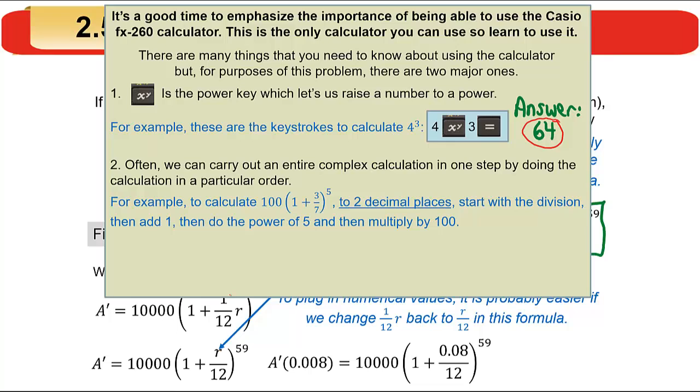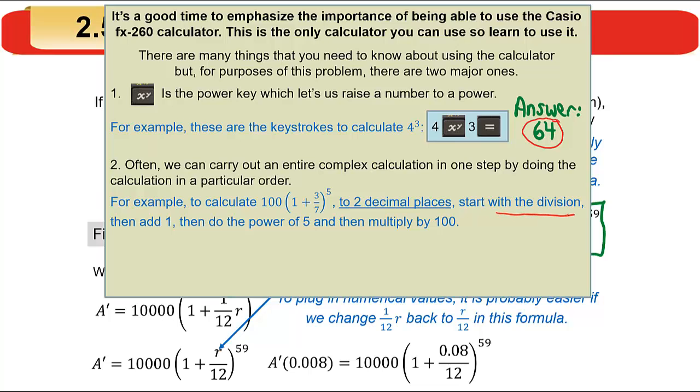For example, if I wanted you to calculate this quantity 100 times the quantity 1 plus 3/7 all raised to the 5th and round it off to 2 decimal places in the end, what you need to practice is doing it in a particular order so that you can do it all in the calculator without having to write down intermediate steps. And the key to that is to sort of work from the inside out.